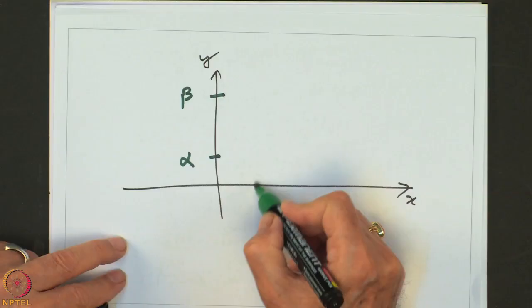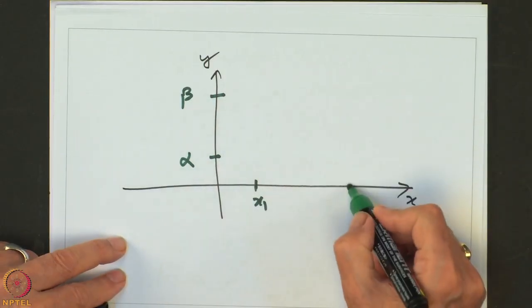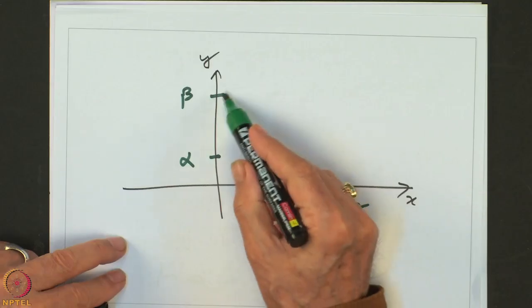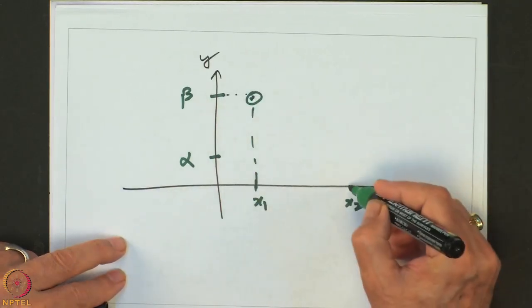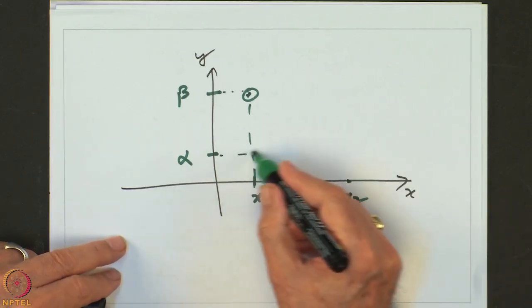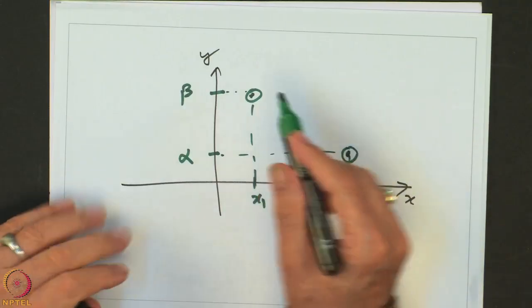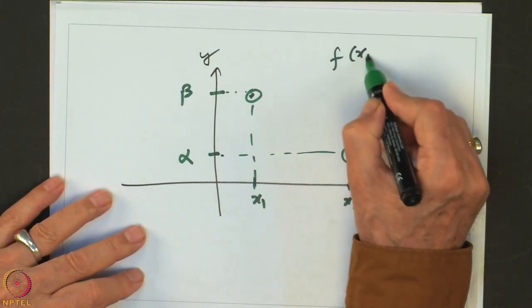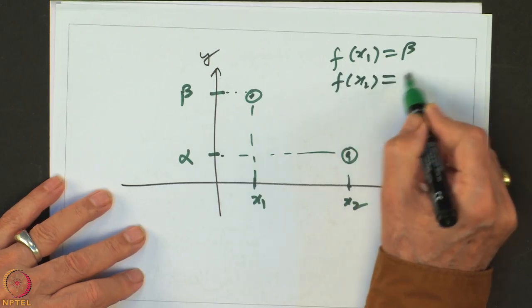Alpha is taken at some point x1 and beta is taken at some point x2. So this point is on the graph. So f of x1 is equal to alpha and f of x2 is equal to beta.